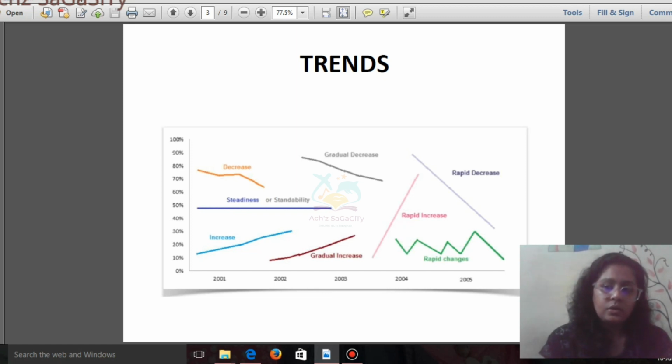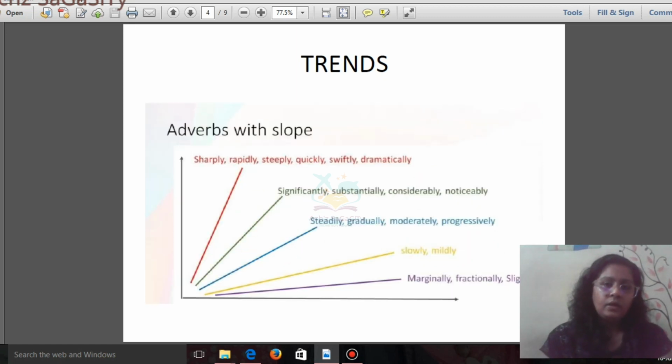Here you can see what adverbs we can use according to the slope to reflect the trends. According to the slope, you want to use different adverbs to show the trends. If it is a minute change, you can use words accordingly: marginally, fractionally, or slightly, for a marginal increase. Then if it is more than that, slowly or mildly, it increases slowly or mildly. Then after that, steadily, gradually, moderately, progressively.